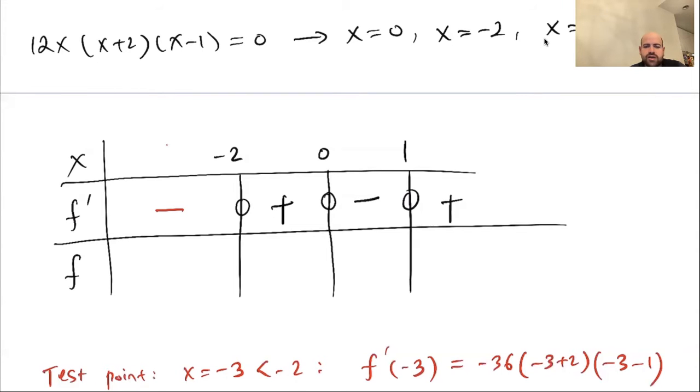For example, you could use minus 1, which is a number between minus 2 and 0. Find f prime of minus 1, you will see it's positive. Same thing for other regions between 0 and 1. You could use a test point such as 0.1, or for the region after 1, you can use a test point such as 4, and so on.